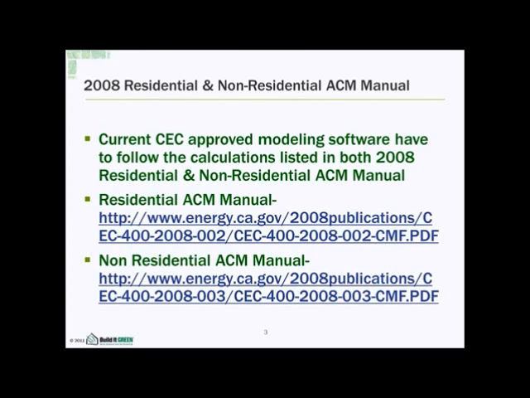The CEC mandated that any compliance software accepted in California for compliance has to follow this ACM manual. The ACM manual is full of calculations, formulas, and assumptions. These are all of the metrics that are embedded in Energy Pro in its behind-the-scenes calculations and simulation analysis.